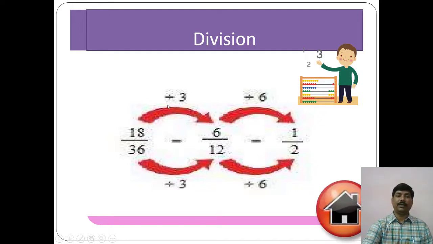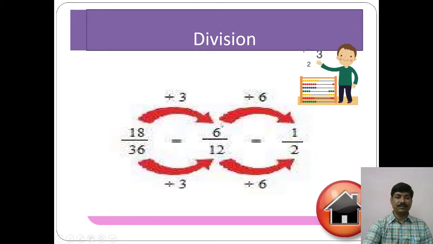If we divide 18 by 3, we will get the quotient 6, and 36 divided by 3, we will get the quotient 12. So the new fraction will be 6 upon 12, and further in this fraction we see that numerator and denominator can also be divided by 6. So again we divide the numerator and denominator by 6, and we will get a new fraction 1 upon 2.